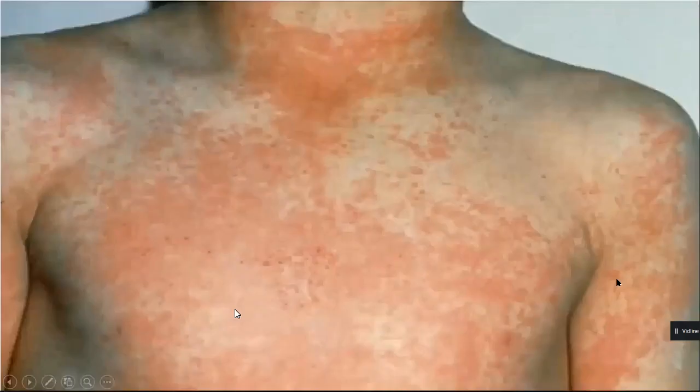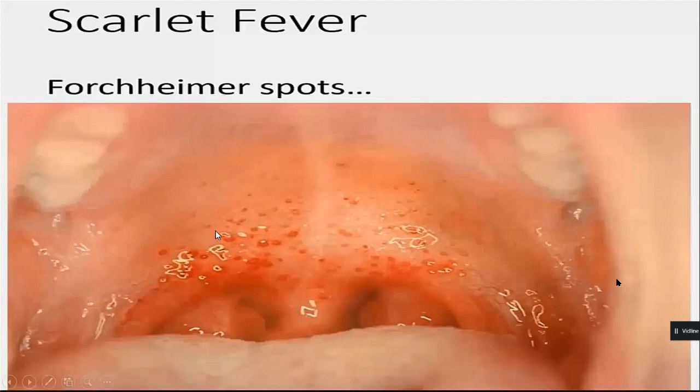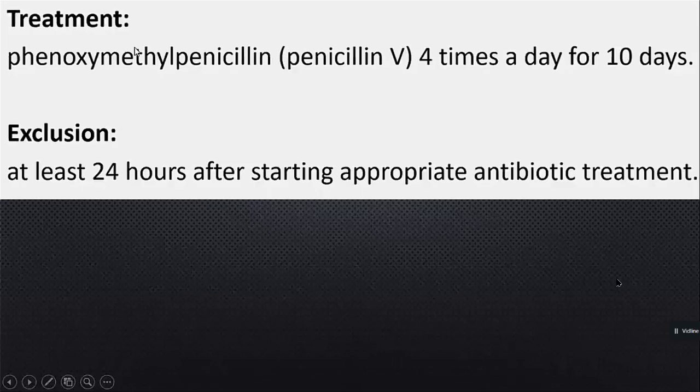So if you diagnose, they can give you this image. This image is very common in the exam. They can also give you this one, Forchheimer spots. The treatment is very important. It can be a question in the exam. So phenoxymethylpenicillin, or penicillin, 4 times a day, 14 days.